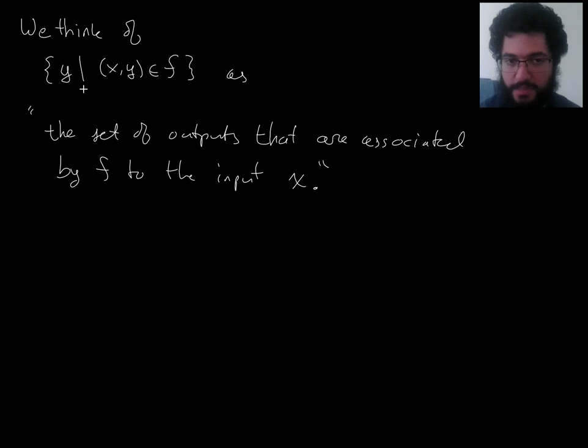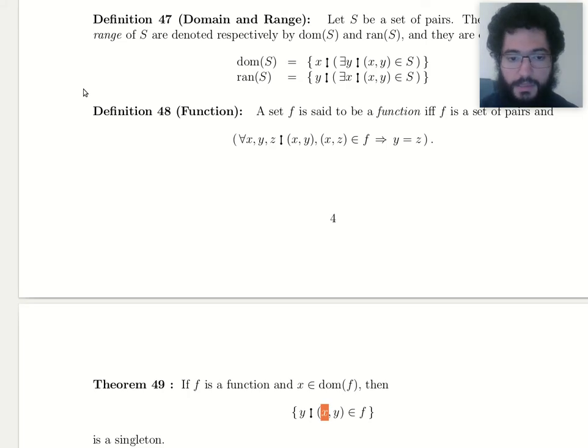It's not about y; y is bound here. And then Theorem 49 is simply saying that if F is a function and x is in the domain of that function, then this set is a singleton, has a unique element.